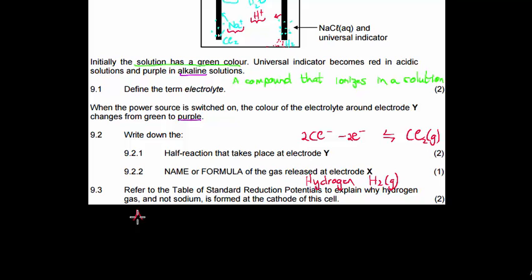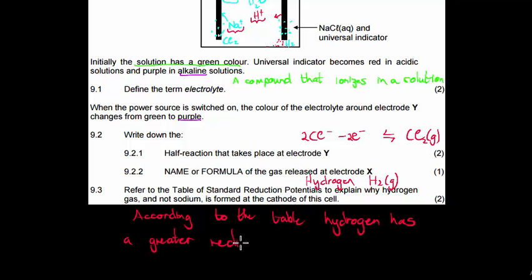According to the table, hydrogen has a greater reduction potential than sodium.